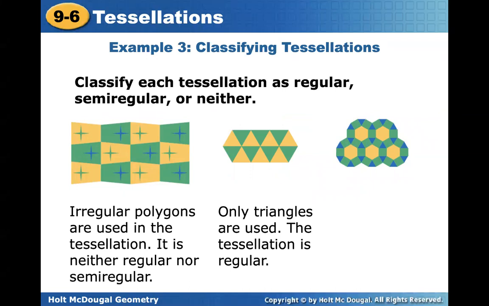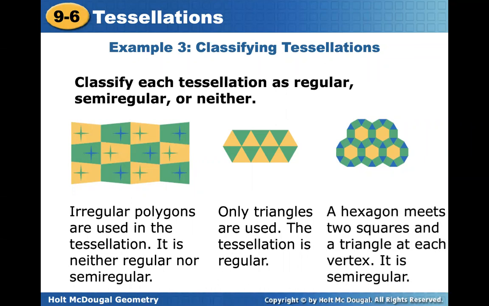And the next one looks like we have triangles, maybe some squares and some hexagons, and they all look generally regular. So I would probably say that one is semi-regular because it has 3 different shapes. So semi-regular: hexagon, squares, and a triangle.